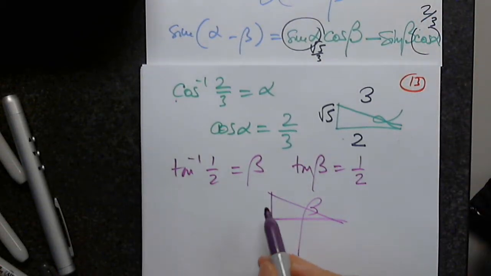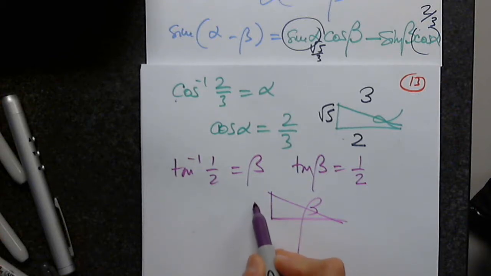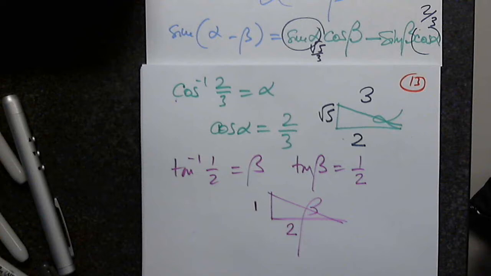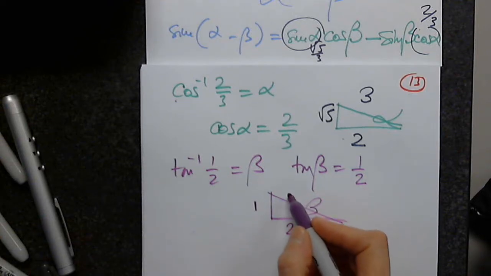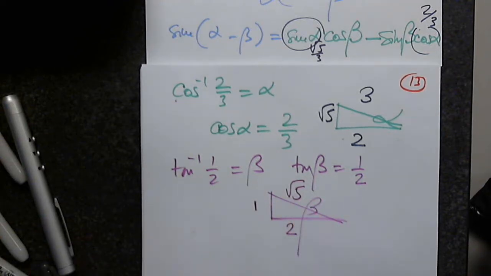The opposite is 1, the adjacent is 2. And now I'm determining the longest side, which means 1 squared plus 2 squared, which is 5, but with a square root.